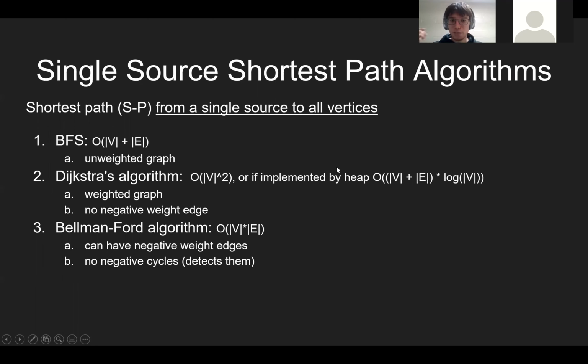So for single source shortest path, like I mentioned, it's from a single source to all other vertices. Specifically for unweighted graphs, it's just a BFS. And it's actually pretty funny, because if we ran Dijkstra's, which we'll talk about in a few minutes, on an unweighted graph, it would basically just run BFS.